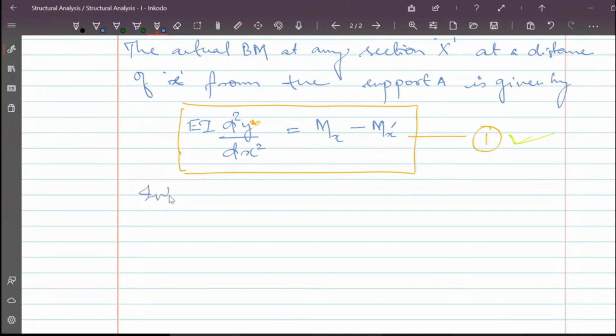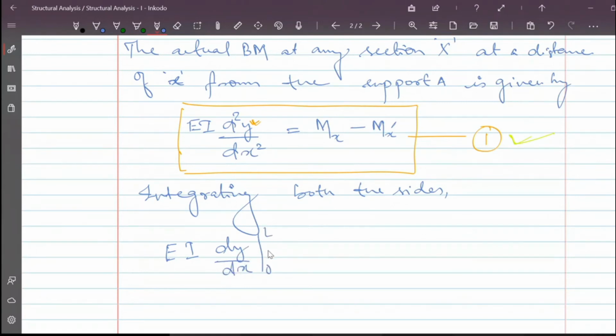Integrating both the sides, it will be EI into dy by dx from 0 to L, equals integration 0 to L Mx dx minus integration 0 to L Mx dash dx.